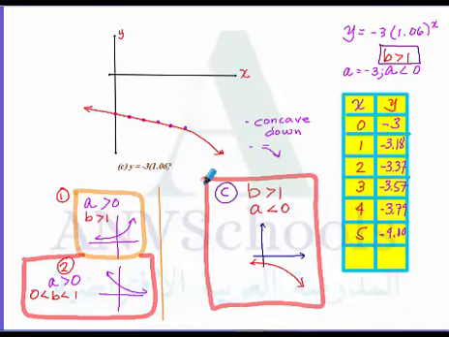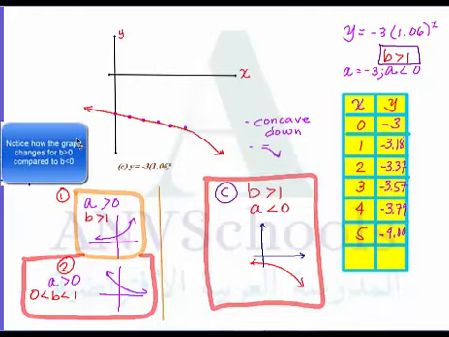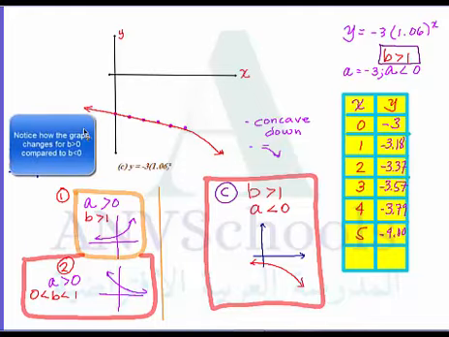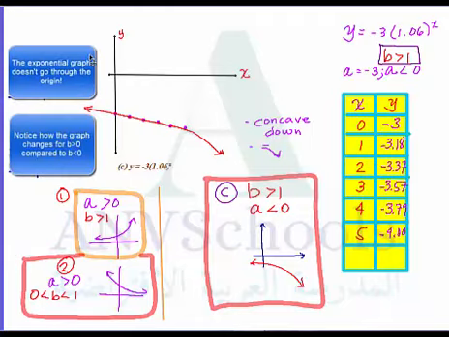As you can see, the graph changes for b greater than 1 compared to b between 0 and 1. And the exponential graph doesn't go through the origin for the 3 specific instances that we did.